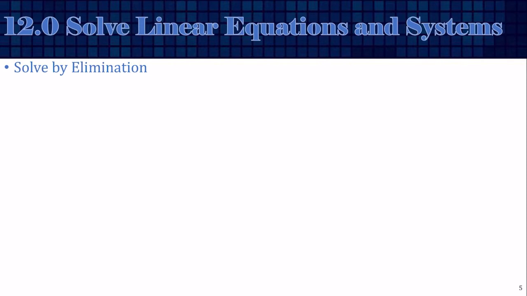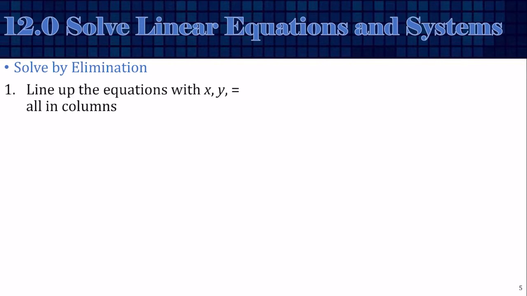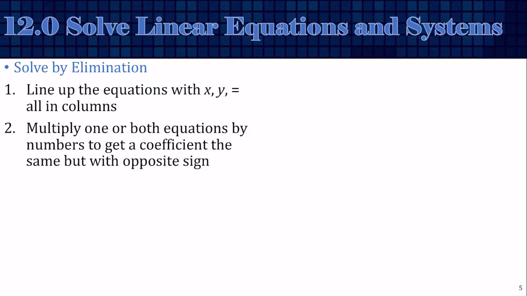Now if we have a system of equations, we can solve by elimination. To do that, line up the equations with x, y, and equals all in columns. Then you multiply one or both equations by numbers to get a coefficient with the same number but opposite signs. So you have like 1x and negative x, or 5y and negative 5y.